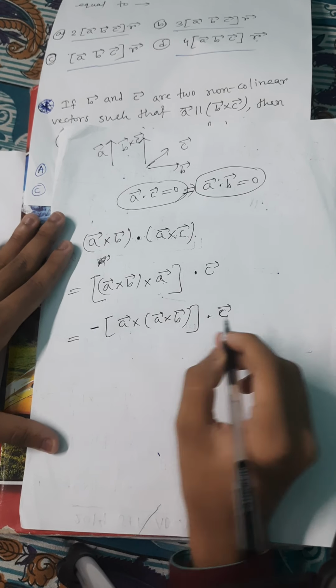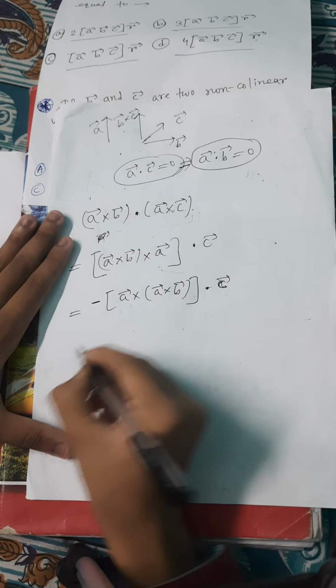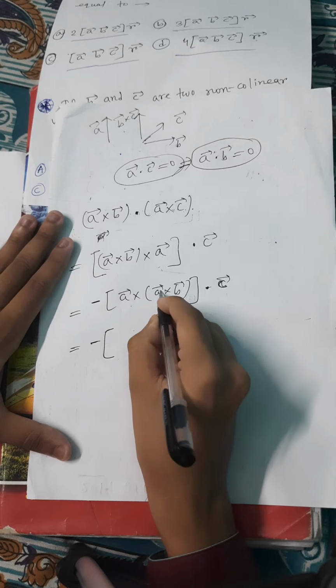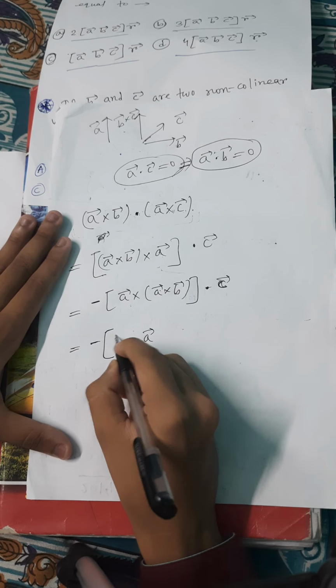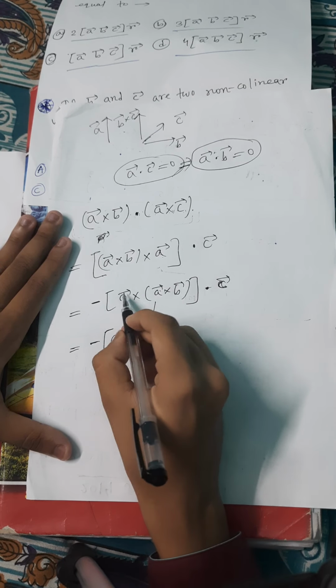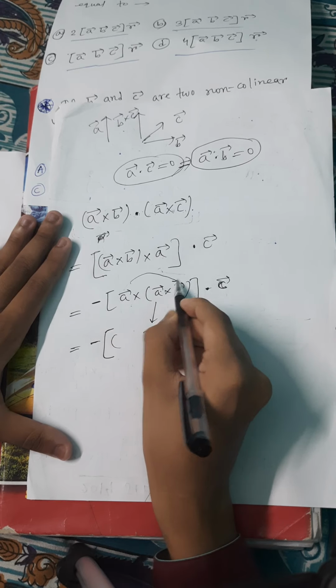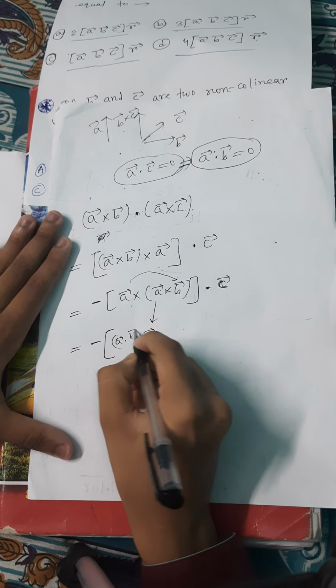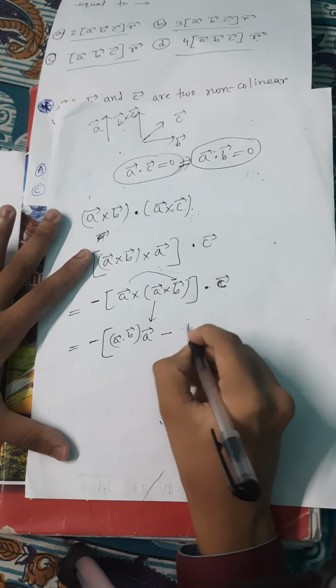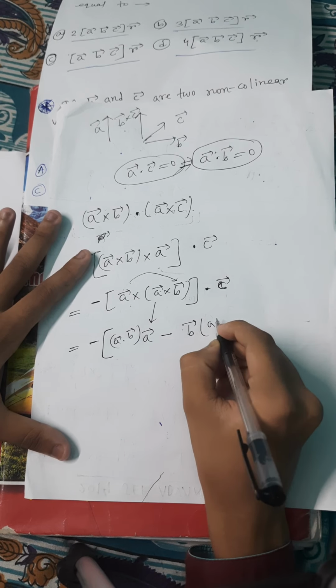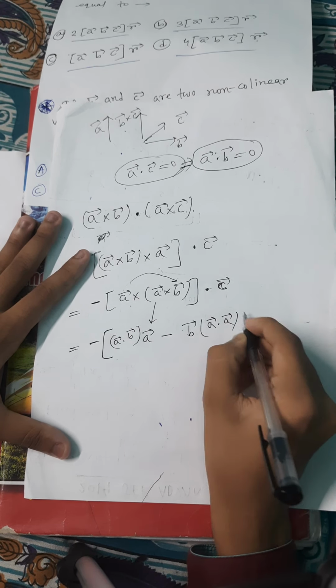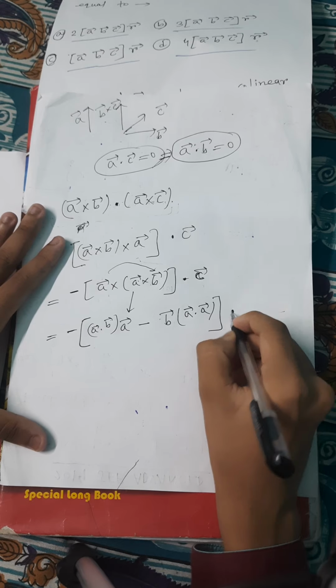Now it is good looking for our vector triple product formula, and we can apply that. Write a here and dot these two. So a dot b minus, write b here and a dot a, okay, dot outside.